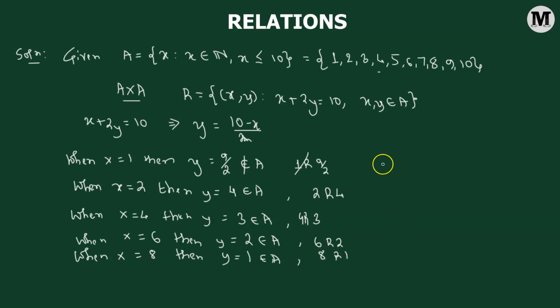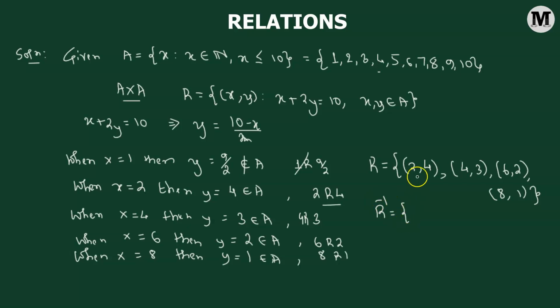So our relation R is going to consist of the following ordered pairs. We have (2, 4), which means 2 is related to 4. That is one ordered pair. Next is (4, 3), followed by (6, 2), and then finally (8, 1). So we have in total 4 ordered pairs, and these are the elements of the relation R. Now that we have the relation R, we can easily define the inverse of the relation.